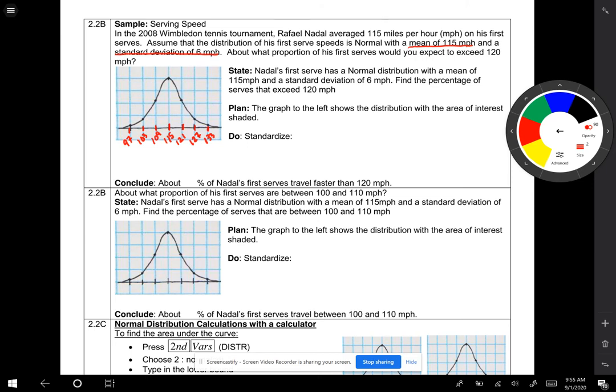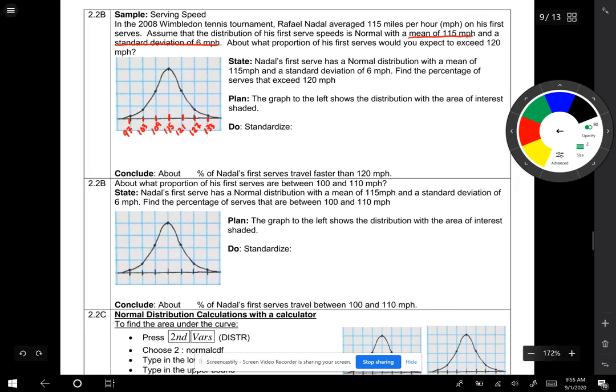Okay, so the graph to the left shows the distribution with the area of interest shaded. Well, I have not done that yet, so we want exceeding 120 miles per hour. Because it's not right at 121, we can't use our 68, 95, 99.7 rule. And we want exceeding.